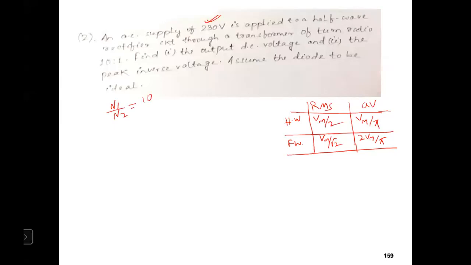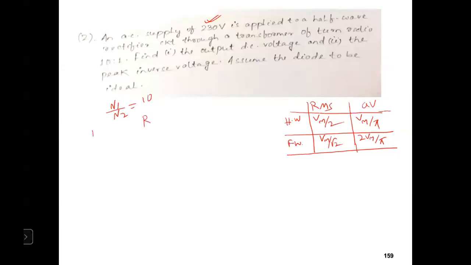So when I'm telling 230 volt is applied, is it an RMS quantity or a maximum value? Sir, RMS quantity. Yes, so it is the RMS value. RMS value is 230 volt. So I can use a relationship between RMS and this maximum value.